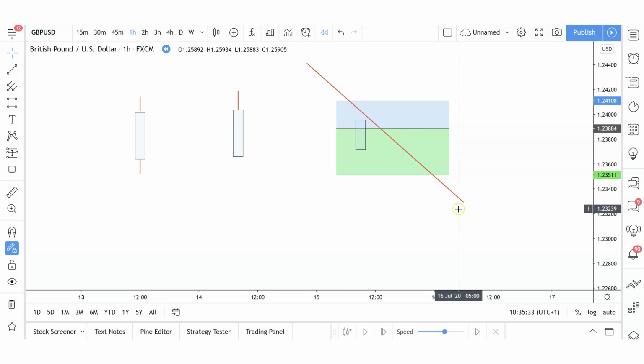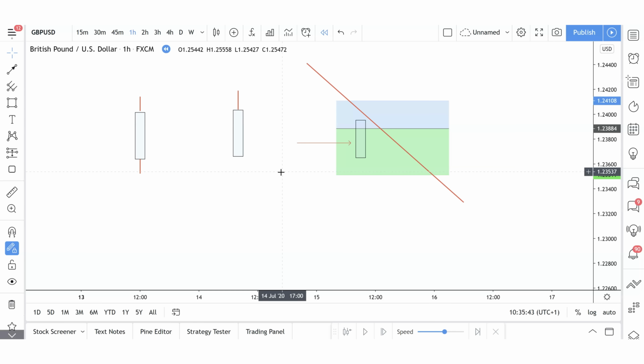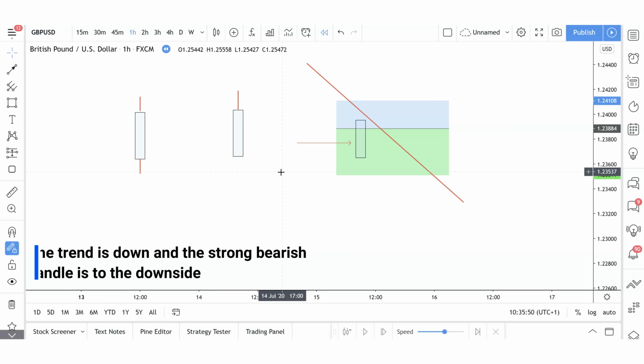If we're in a downtrend and we create a strong bearish candle to the downside, if you had one chance, just one chance to make a decision on where you were going to put your last ever trade. So the trend is down and the last candle is to the downside, and you had one chance to place a trade. Are you going to take a buy, or are you going to take a sell?